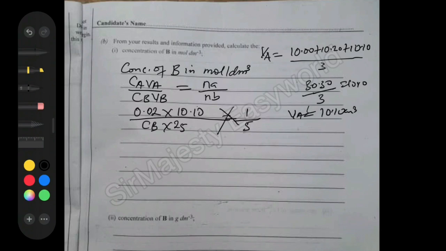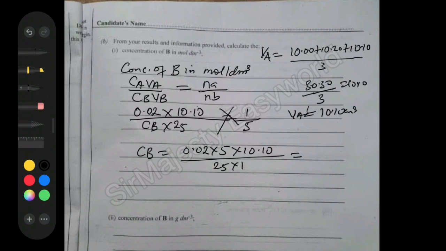We cross multiply. At the end, we have that CB is equal to 0.02 times 5 times 10.10. Remember, don't say 10.1, because 10.10 is the correct way; the other is incorrect in mathematics. All over 25 times 1.